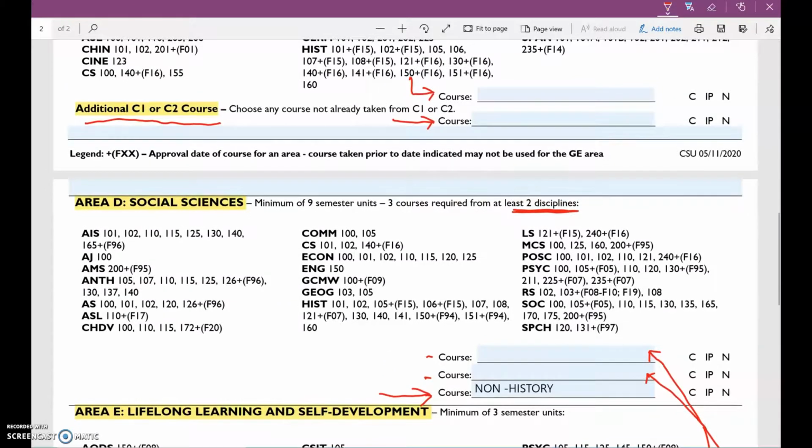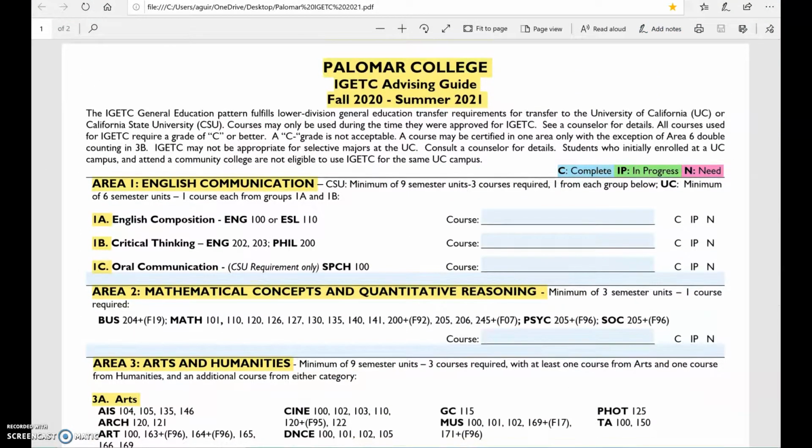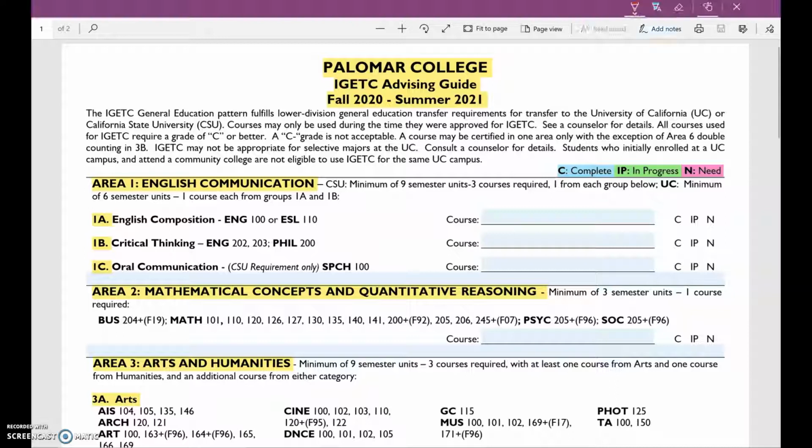Okay, the IGETC sheet is very similar to the CSU GE sheet, but this one is a little bit more versatile. So if you know that you are definitely planning to go to a UC school, you want to use the IGETC GE sheet. So definitely for UC.